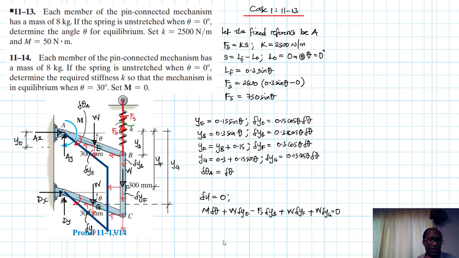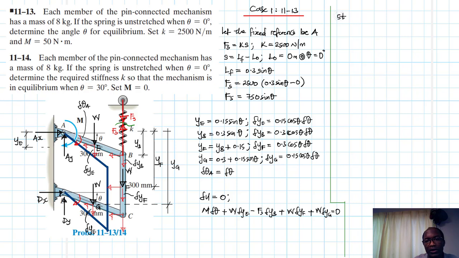So we have this equation. So now let's enter everything else that we have. So what is our M? Our M is 50.